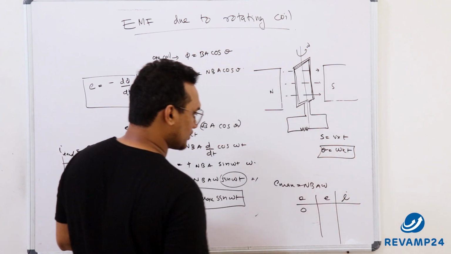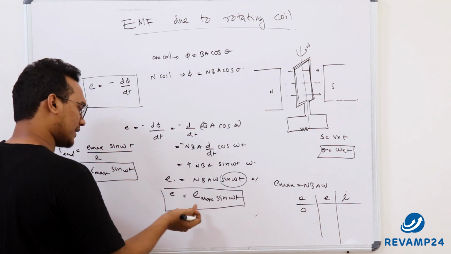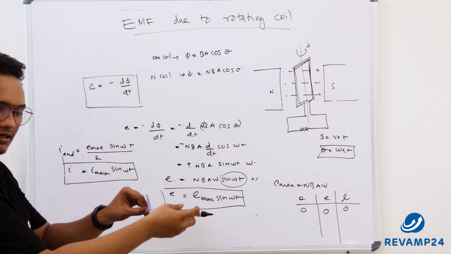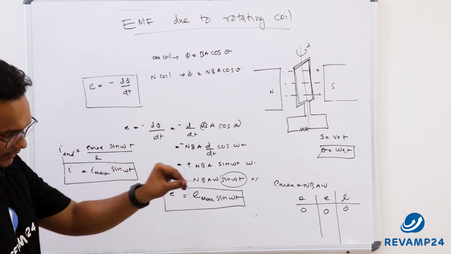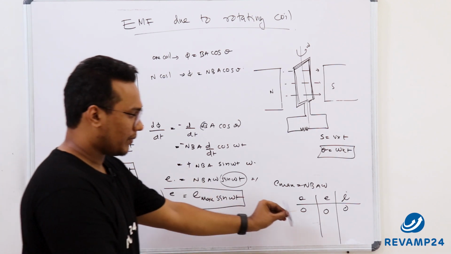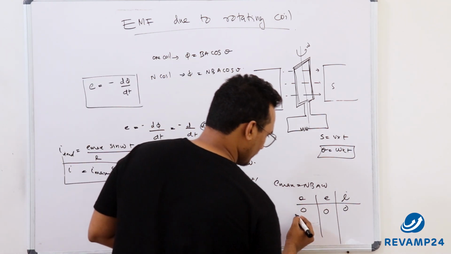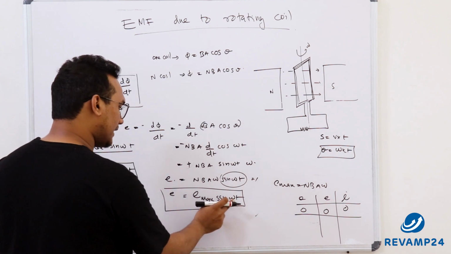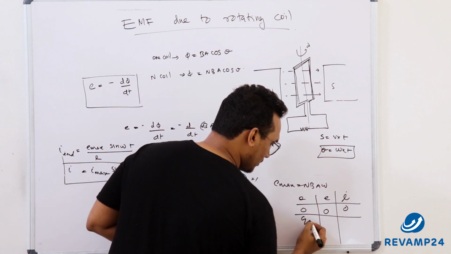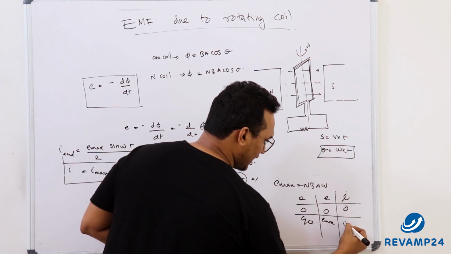When theta is equal to 0, sin 0 is 0, so 0 into E max and 0 into I max, both are 0. Which means the magnetic field is in this way and my area is in this way. Here maximum magnetic flux linkage is there, but the change is less. That is the reason we got 0. Now when theta is 90, sin 90 is 1, so this will be E max and this will be I max.